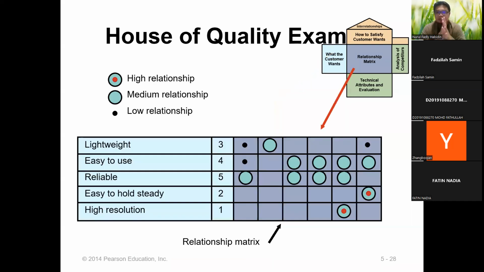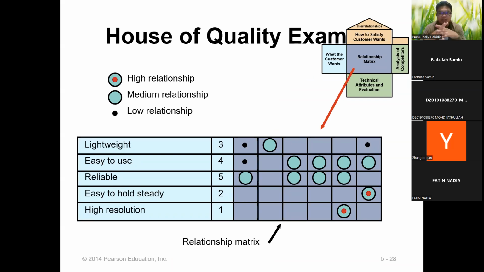Next we discuss the relationship matrix. Again, we call it the relationship matrix. You can see the legend. The first is high relationship, with a red color in the middle. The green circle is the medium relationship, and the black dot is the low relationship.